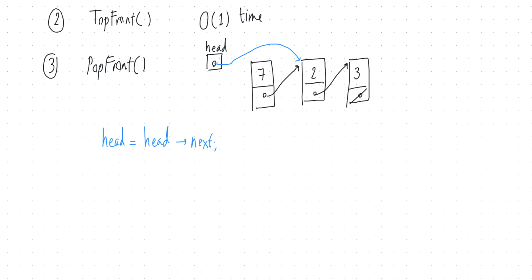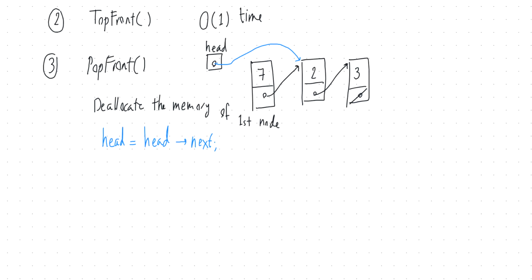So before doing that, deallocate the memory allocated to the first node. And when you do that, then you can say head equals head arrow next, and you're set.